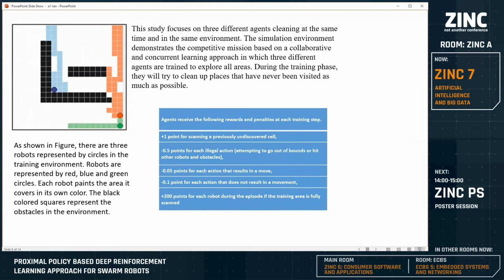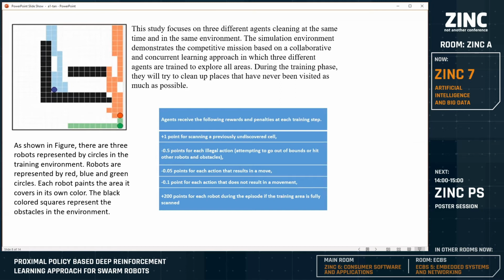Each robot paints the area it covers in its own color. The black colored squares represent the obstacles in the environment. This study focuses on three different agents cleaning at the same time and in the same environment.